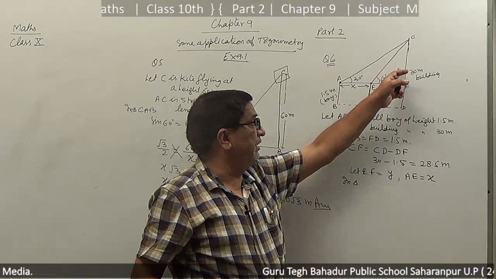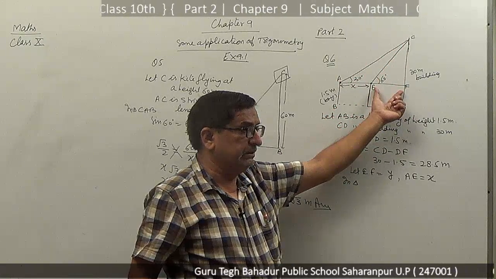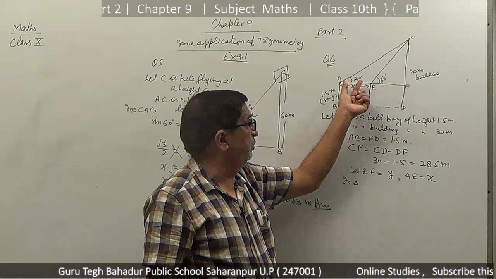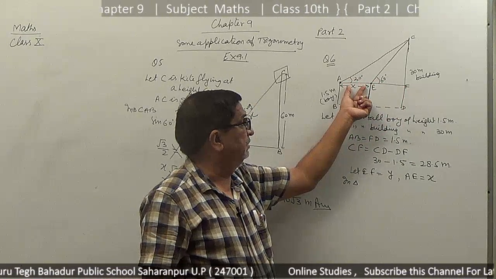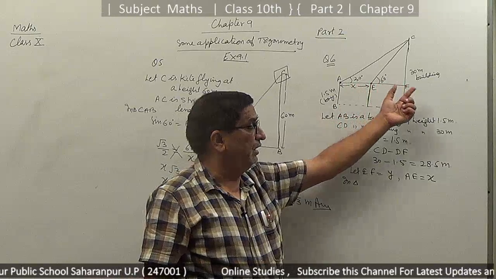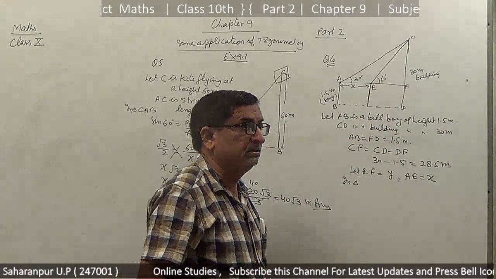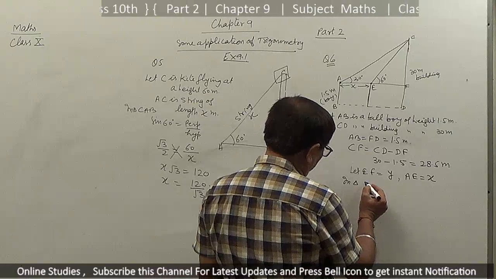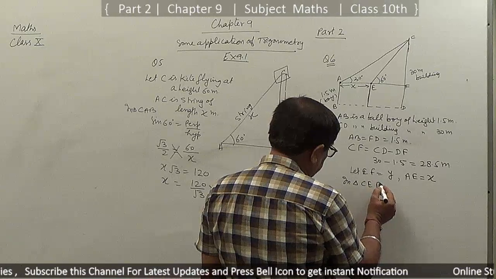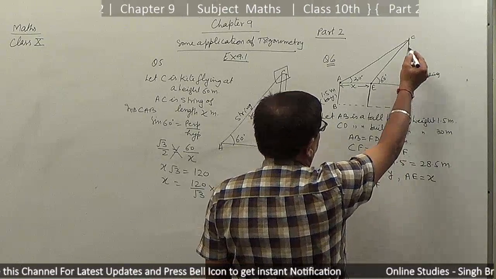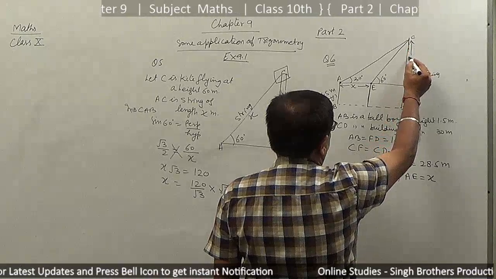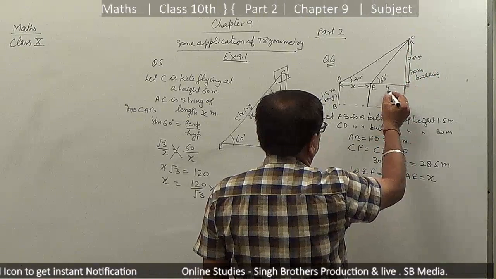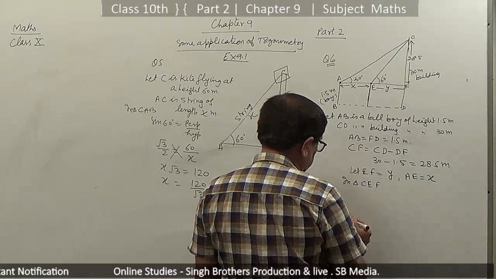By CEF we find out EF, and using this value we will put it in CAF and find x. In triangle CEF, perpendicular is 28.5, which you know, and base is to be calculated.